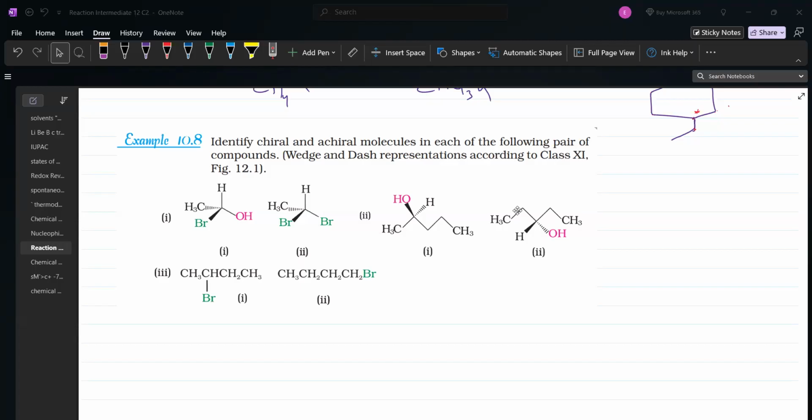Chiral molecules are those molecules which have at least one chiral carbon, or any chiral atom. We are only concerned with carbon here. And if the molecule has no chiral carbon, that will be an achiral molecule.